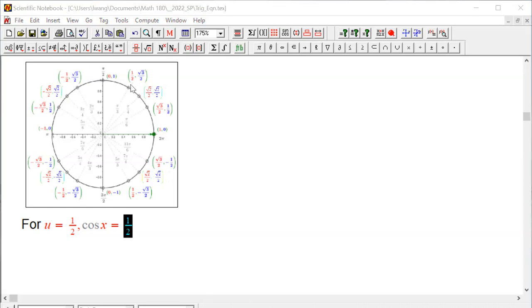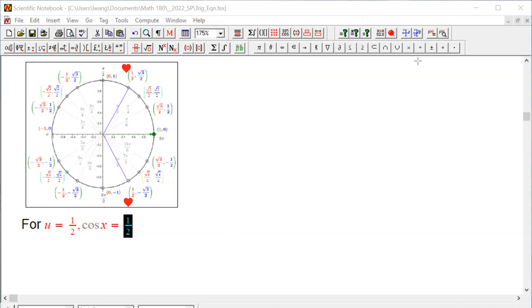Oh, this red number equals half. Do we have another one? Yes, we have another one. Do we have more? No. In quadrant 2 and quadrant 3, all the red numbers are negative. So we found two terminals. This terminal and that terminal. And they're special angles.